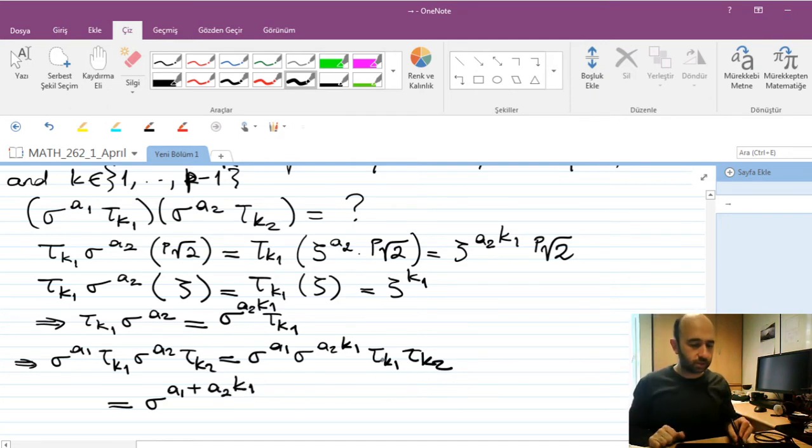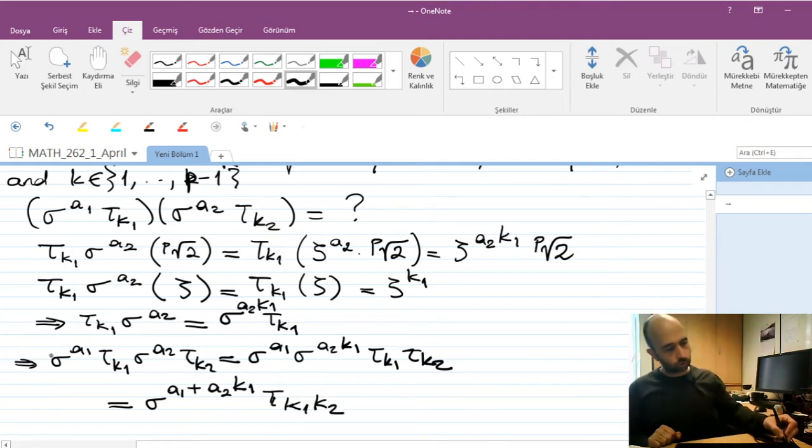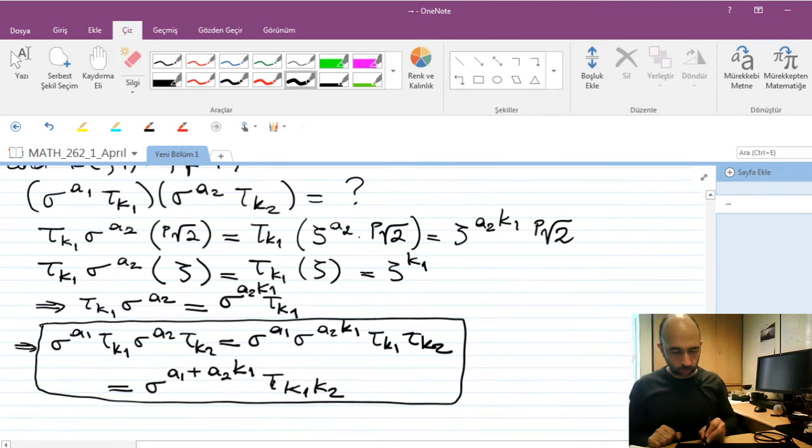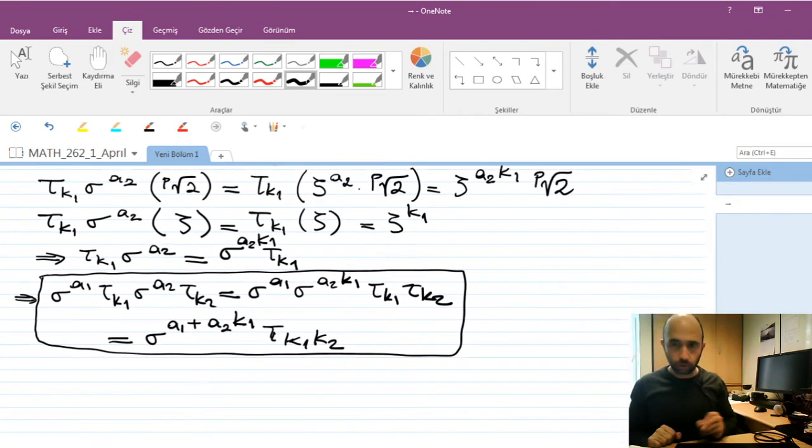On the other hand, tau_k1 composed with tau_k2 is tau_(k1 k2) because you are taking a second successive power of zeta. This is k1 times k2. This is the proper thing to put. So this is the group law here. If you want to think about it as an abstract group, its elements are sigma to the a tau_k, and the multiplication rule is this.